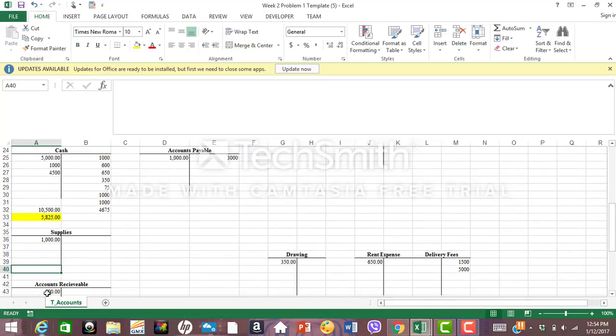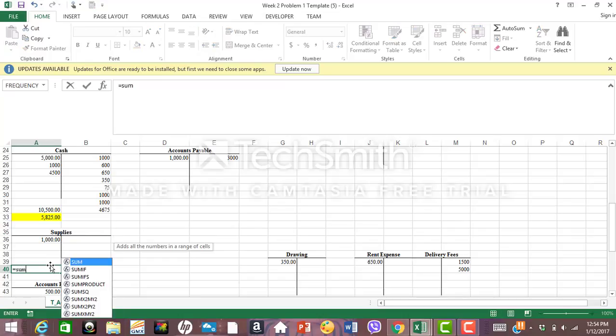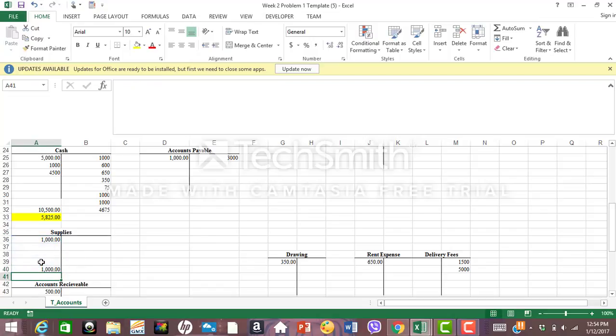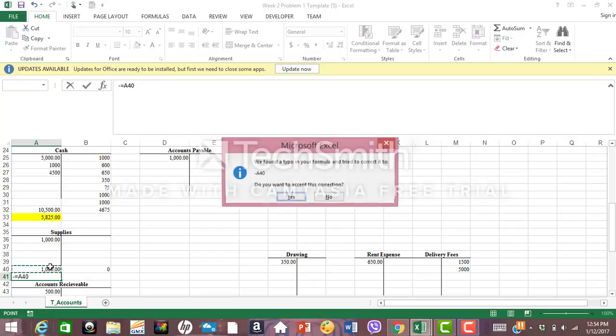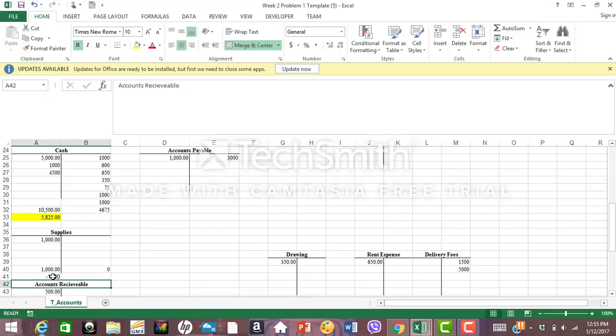Here the supplies, obviously if we had depreciation we would have to do the sum of your supplies and the sum of your depreciation on this side. We haven't covered depreciation yet, so I'm just going to do 0. So your balance over here would just be 1,000 as of right now.